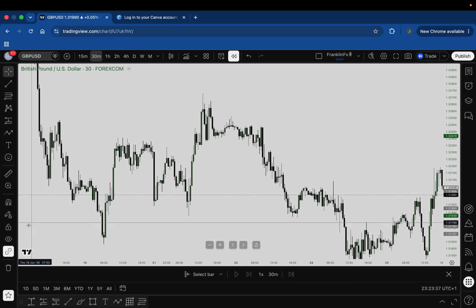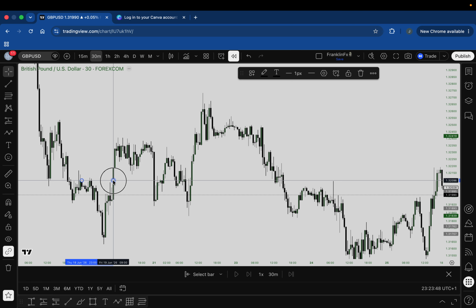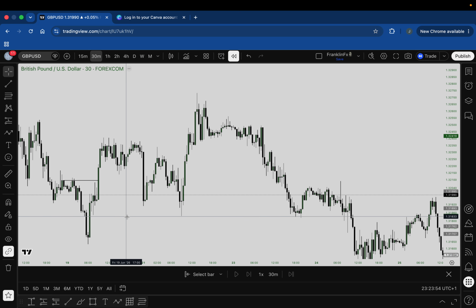We have a break here, something that signifies we're expecting an uptrend. Aside from the break, price went all the way down here and began to come down.